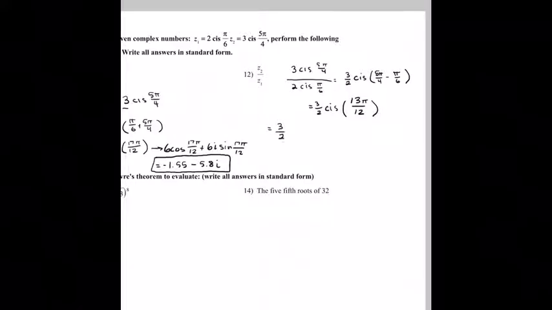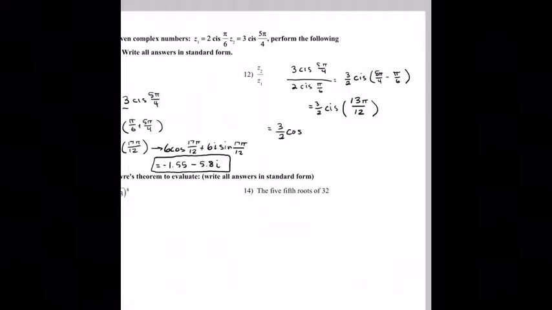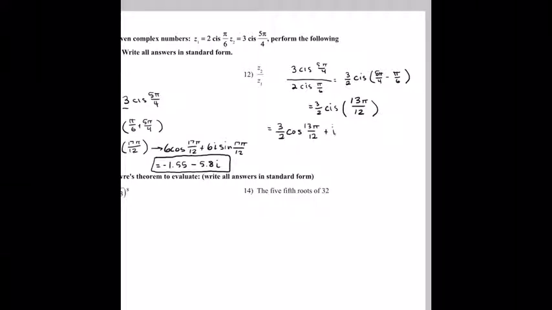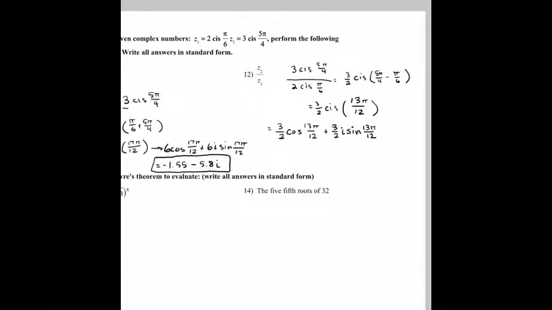So this is 3/2 times the cosine of 13 pi 12ths plus 3/2 i sine of 13 pi 12ths. So we need 3/2, which is 1.5, times the cosine of 13 pi 12ths.